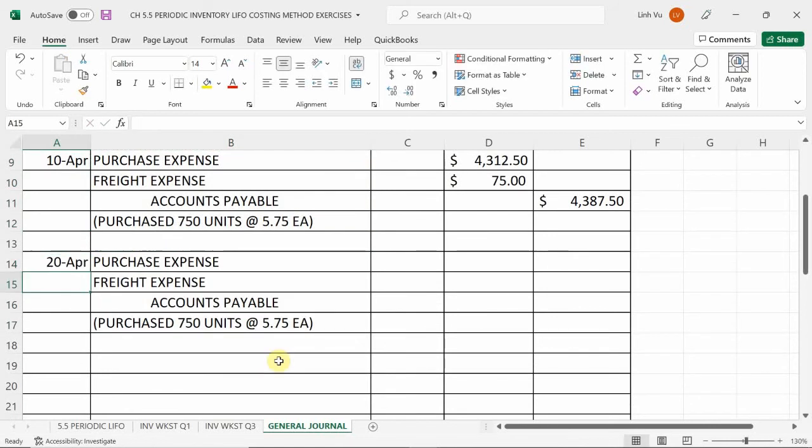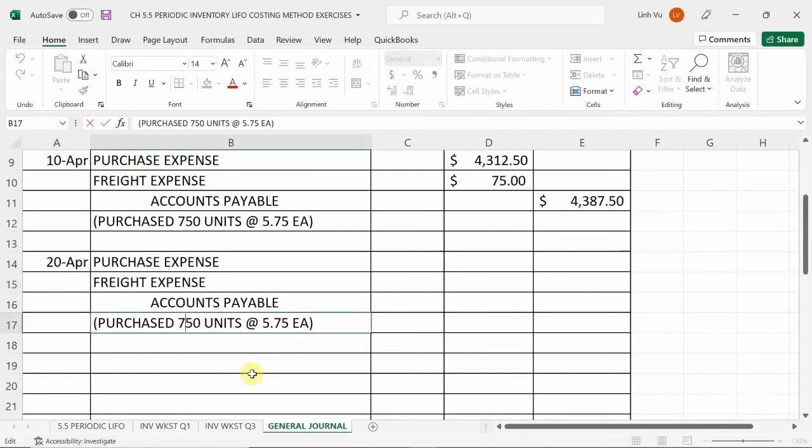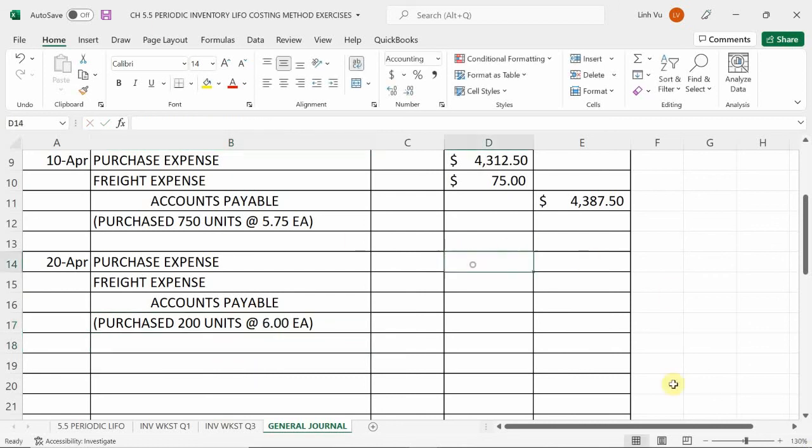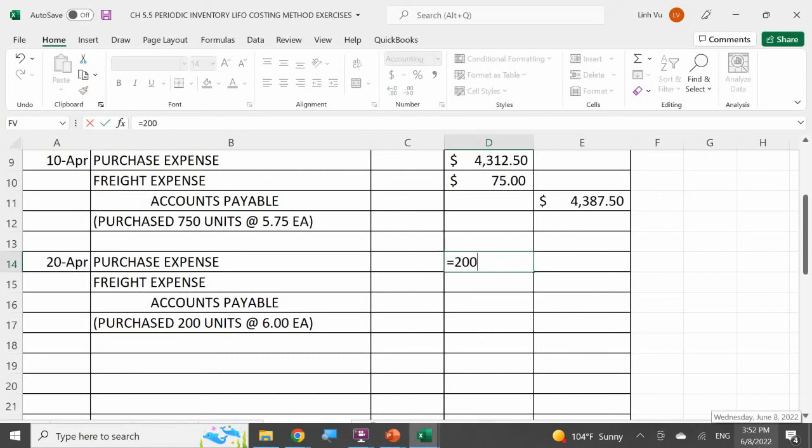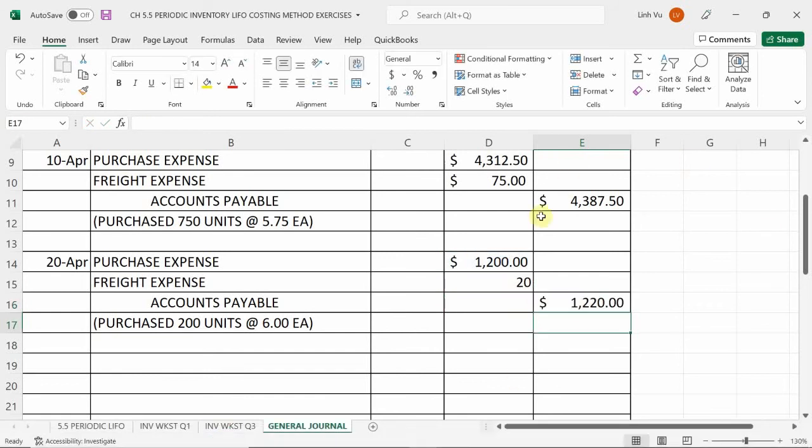So this was for April 20th, we purchased 200 units at $6 each, with a freight of 20. So there you go. I can type it in here. 200 times 6, plus 20 will give me my total amount that I owe to this vendor to be $1,220, okay? All right.